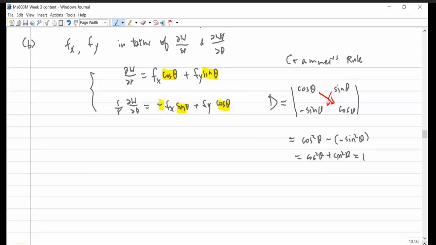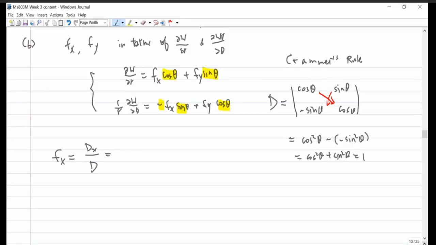Now I want to find fx. So fx is equal to, according to Cramer's rule, Dx over D. So what is Dx here?